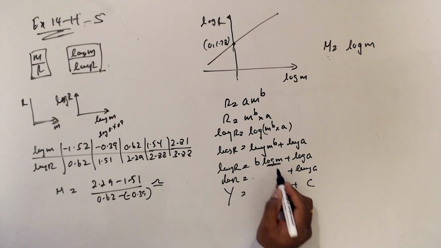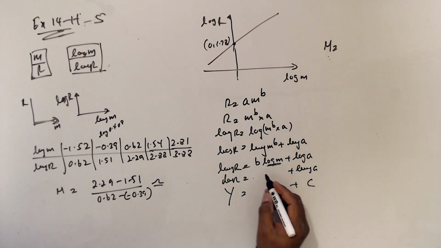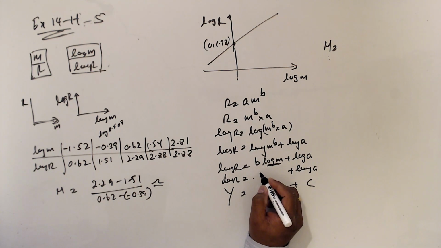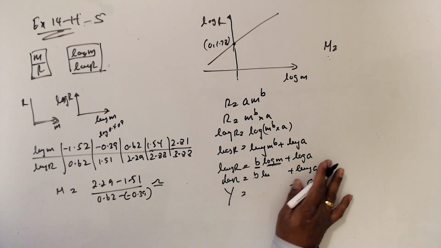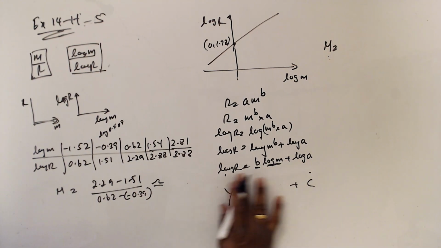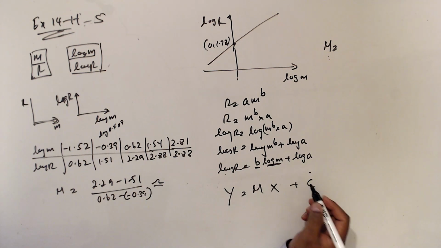The variable is log M. So B is the gradient. This is the constant. Now this is y equals mx plus c.